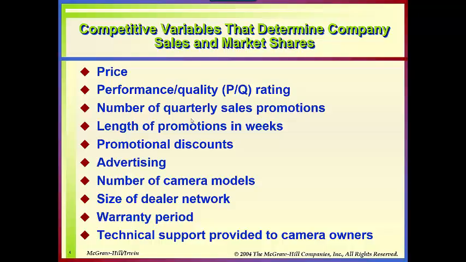You're going to make decisions about the number of sales promotions, how long they last, how much of a discount they're offering. Advertising, like I talked about, you're going to make decisions about the number of camera models that you offer, the number of dealers that you work with, your warranties, and how much technical support you provide, among other things.